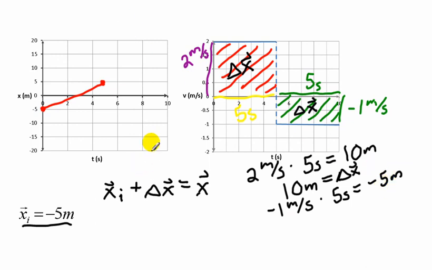So again, we play the same game: I was at 5, I've displaced -5 meters, so at the end of this 10 seconds, I must be down here at 0.